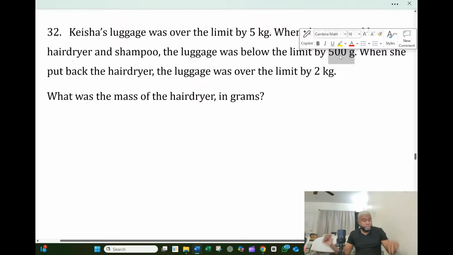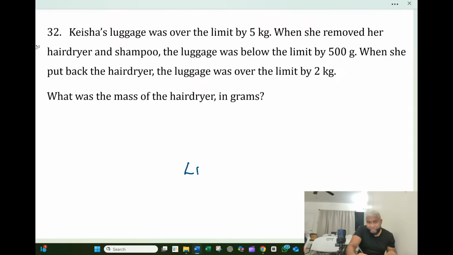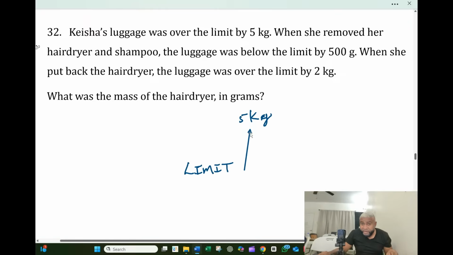Before we even read further, watch it. If this is your limit, with the hair dryer and the shampoo you're above the limit by 5 kilograms, right?